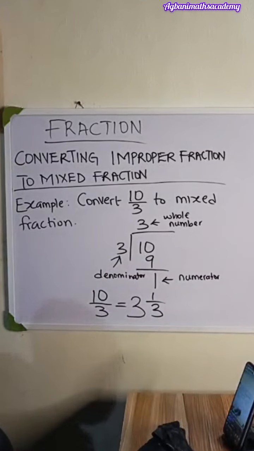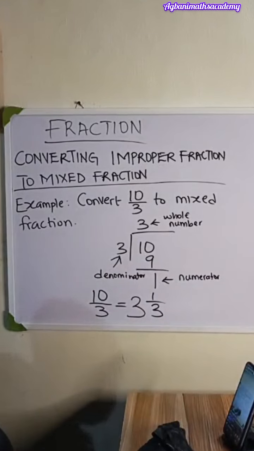So just as we did for the first two examples, 30 divided by 4 is going to be 7 times, because 4 times 7 is going to give you 28. So you have 7 times. 7 times 4 gives you 28. And then 30 minus 28 gives you 2.